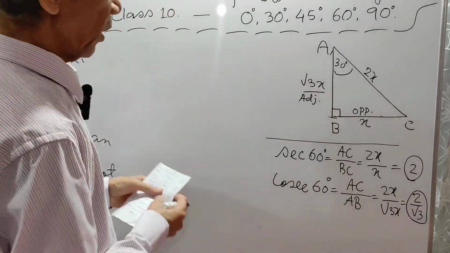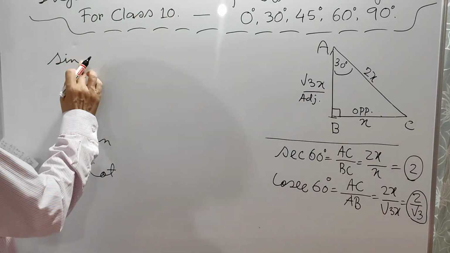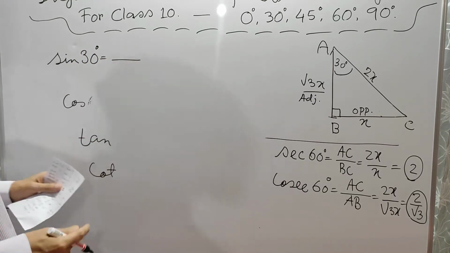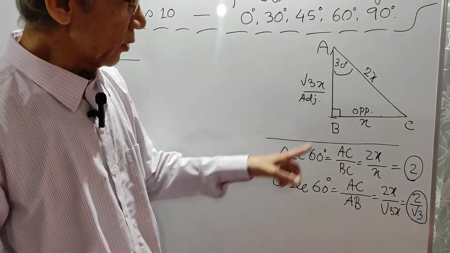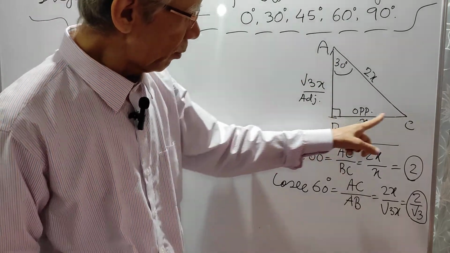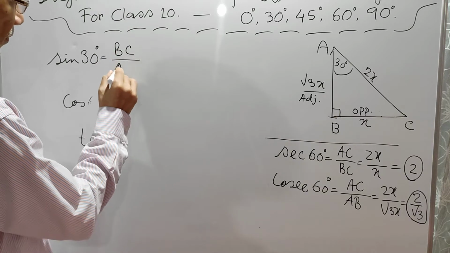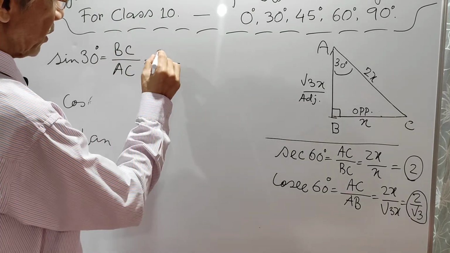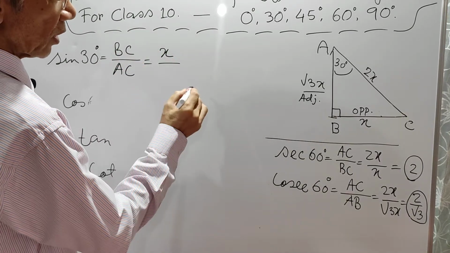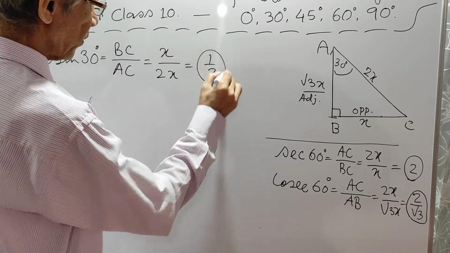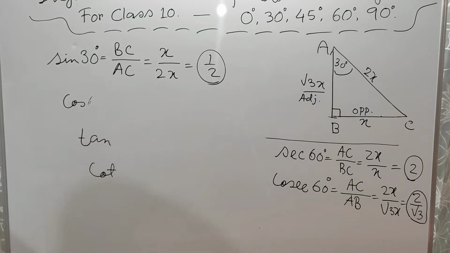All right. Let us find out sine of 30 degree. Now sine is opposite by hypotenuse. Sine of 30 degree will be BC by AC. BC is x and AC is twice x. So it will be half. So half is the value of sine 30 degree.